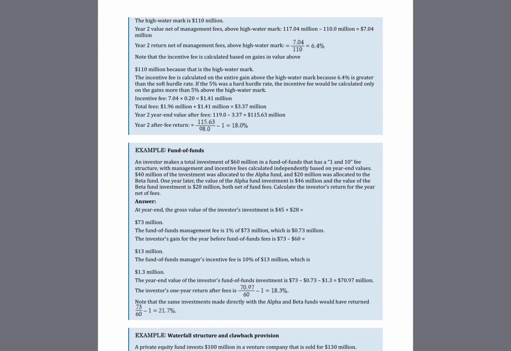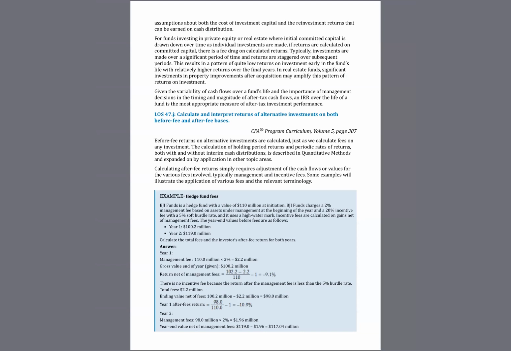It is because I acknowledge the fact that you have made money of 119. But of the 119 that you have made, you are charging me 1.96 million as your management fee. Therefore, what is left for me on a net basis is 117.04. When you started managing the funds for me, I gave you 110.